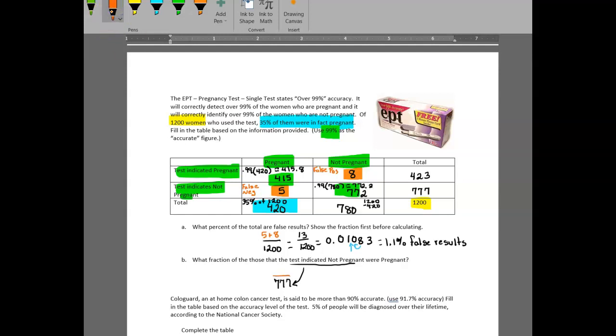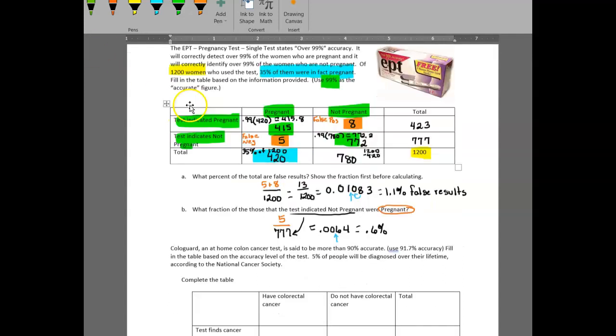So 5 divided by 777 is going to end up with 0.0064. So again, multiply by 100 or move your decimal 2 places to the right. The 4 does not force the 6 to get bigger, so we're going to have 0.6% is for that answer there.